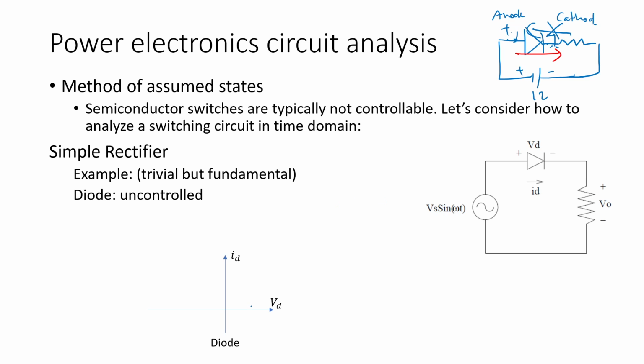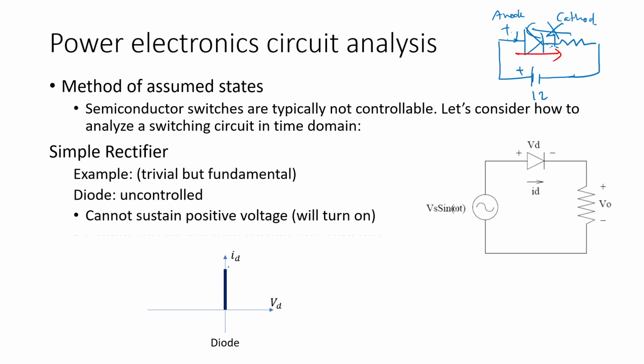Okay, then we can draw the curve for the diode like this, voltage versus current. Here, it cannot sustain positive voltage because it will always turn on. If you supply positive voltage, the voltage is rather 0, and you can have current like this, right?